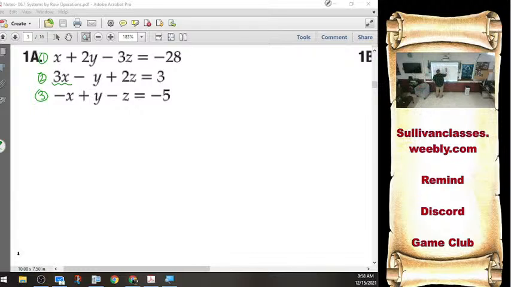So to get rid of that, I'm going to say equation 2 plus 3 times equation 3. I take this times 3 and add it here. Gone. Take this times 3 is 3y. Add it. Take this times 3 is negative 3z and add it. Take this times 3 is negative 15 and add it. Not touching that top row yet.